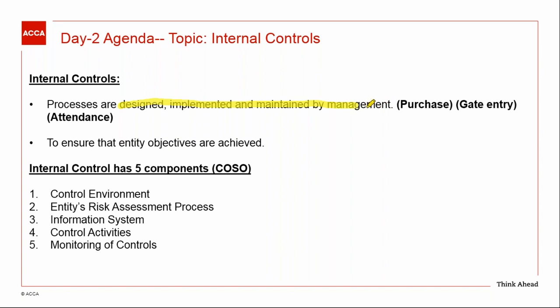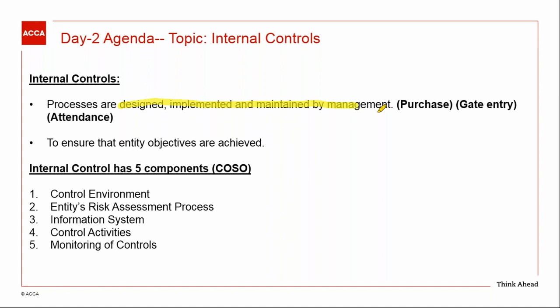We can say both elements, error and fraud, not only error, not only fraud. So internal controls are designed, implemented and maintained by the management to prevent and detect fraud and error. Okay, so this is the generic definition, but I will give you some examples.